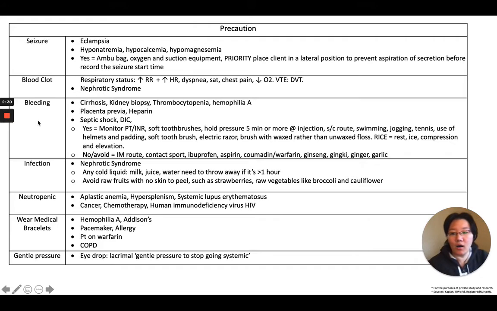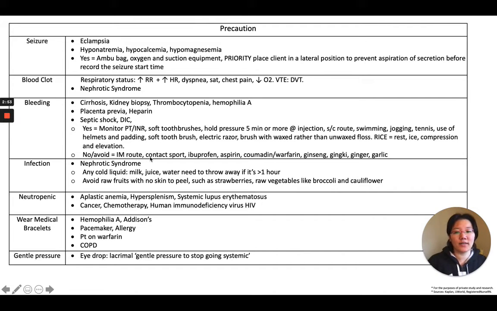Now, bleeding. Here are the conditions: cirrhosis, kidney biopsy, thrombocytopenia, hemophilia, placenta previa, heparin, septic shock, and DIC. Here are the things you can do to reduce the risk of bleeding, and here are the things you want to avoid.